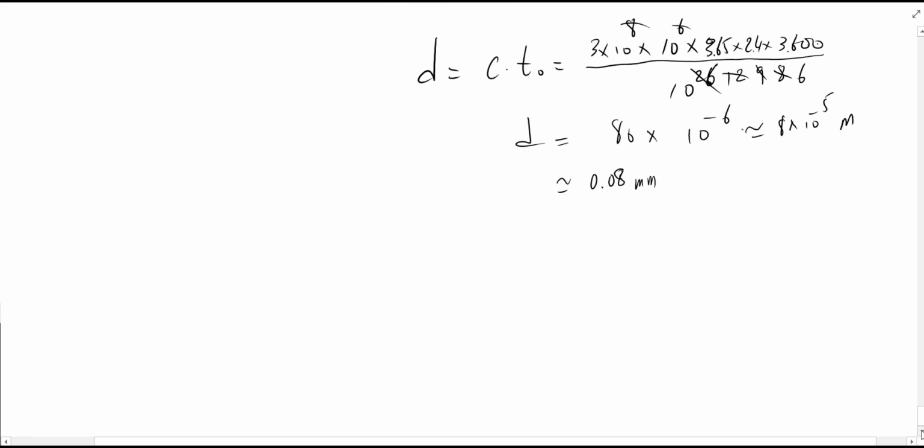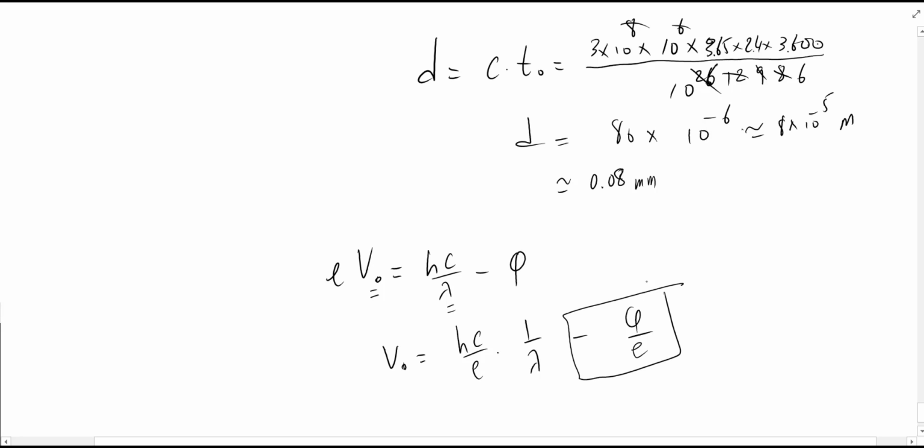Okay, so from the lecture we know that E V0 is equal to hf, or hc over lambda, minus phi. So if they gave me lambda and they gave me V0, V0 as a function of lambda is going to be hc over e times 1 over lambda, minus, of course, phi over e. And so this will be my y-intercept.